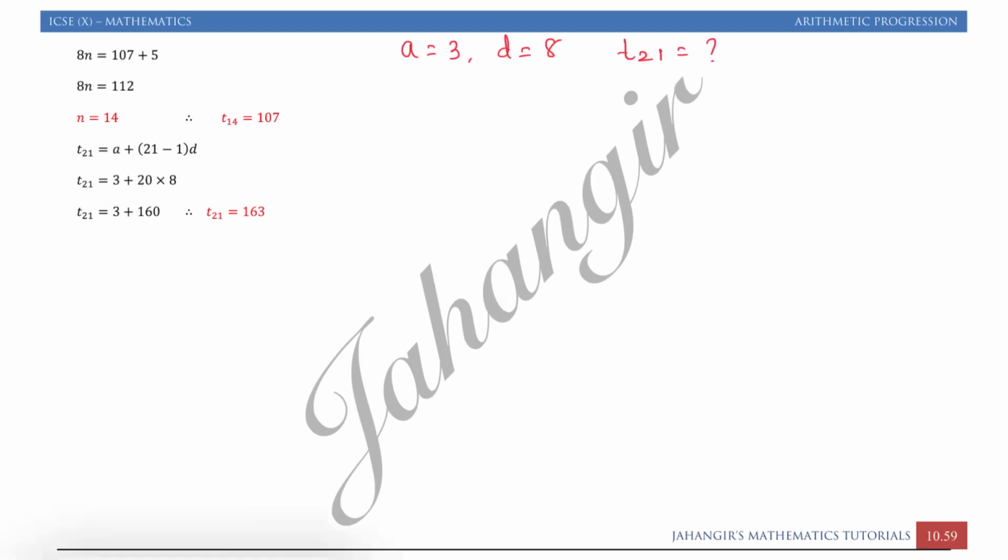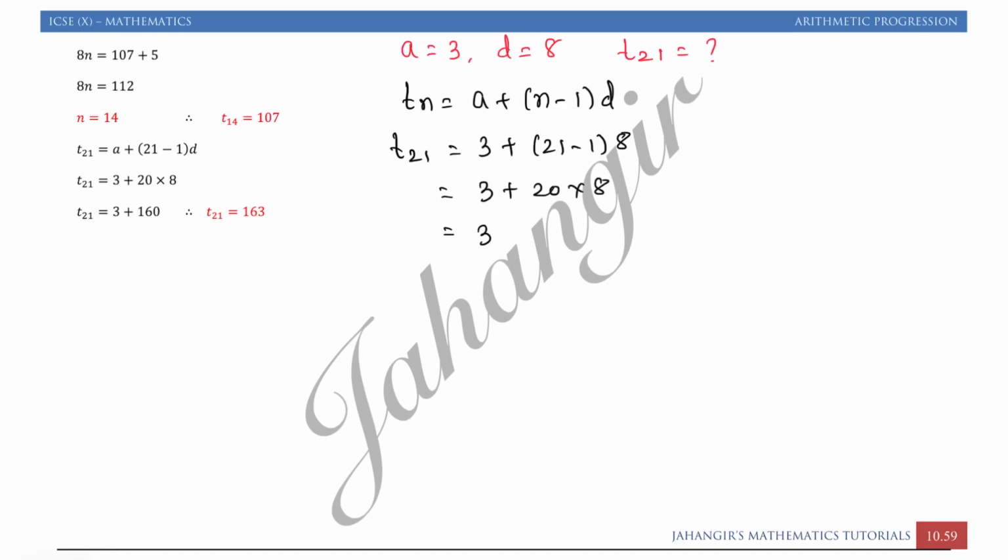So now here I can simply put the Tn formula as A plus n minus 1 into D. So T21 is equal to the A value 3 plus 21 minus 1 into the D value 8. 3 plus 20 into 8, 3 plus 160, that is equal to 163. So you get the answer as 163.